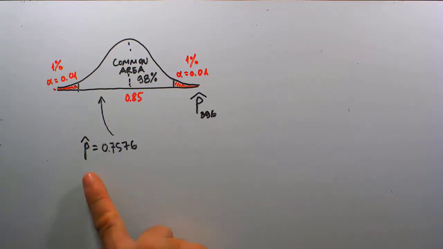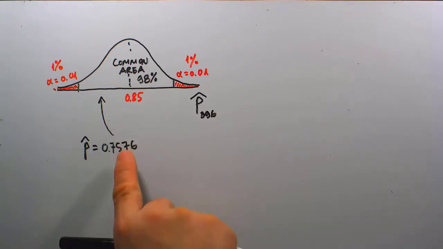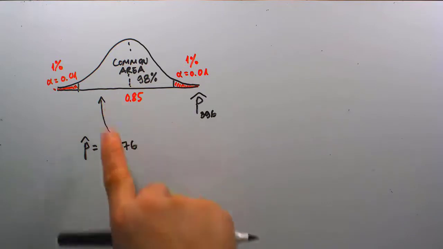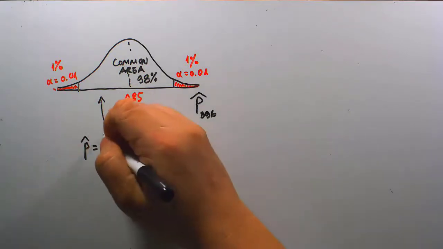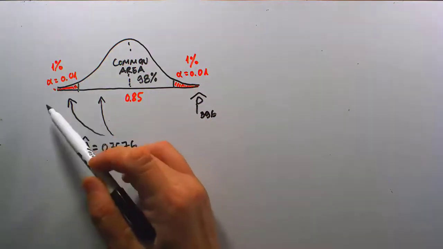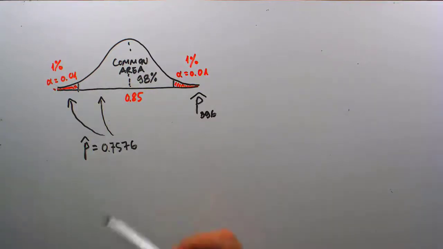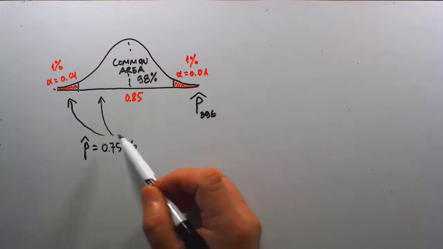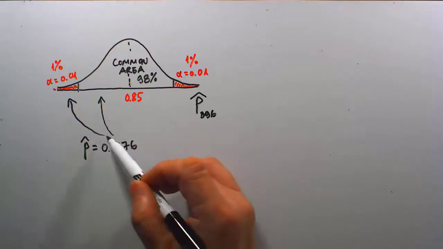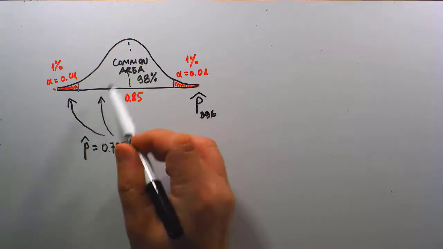However, we want to know whether this sample proportion value, certainly lower than the value claimed in the null hypothesis, will be inside the common area or indeed falling outside of the common area, and particularly falling into the left tail area outside of the common area. For that reason, we are particularly interested in finding out whether our sample is falling into the left tail unlikely area outside of the common area here.